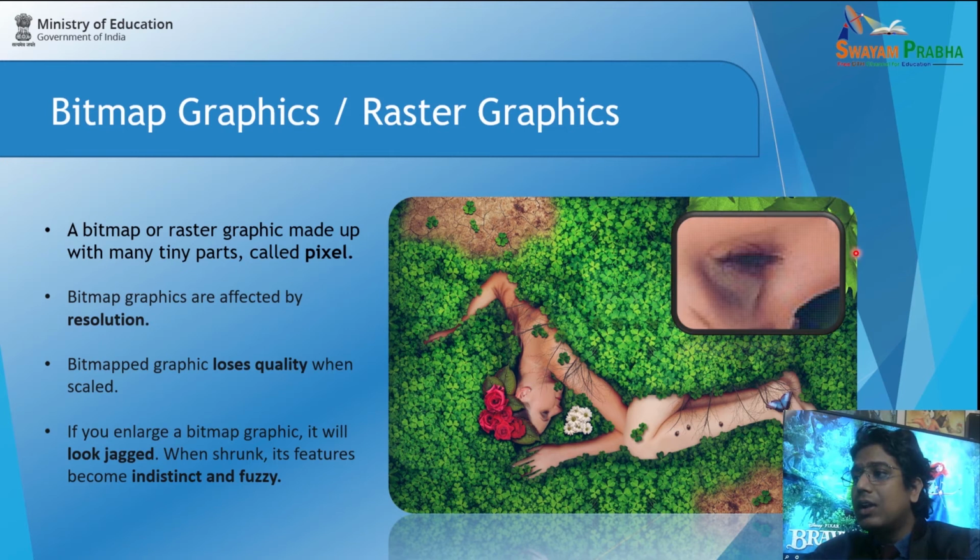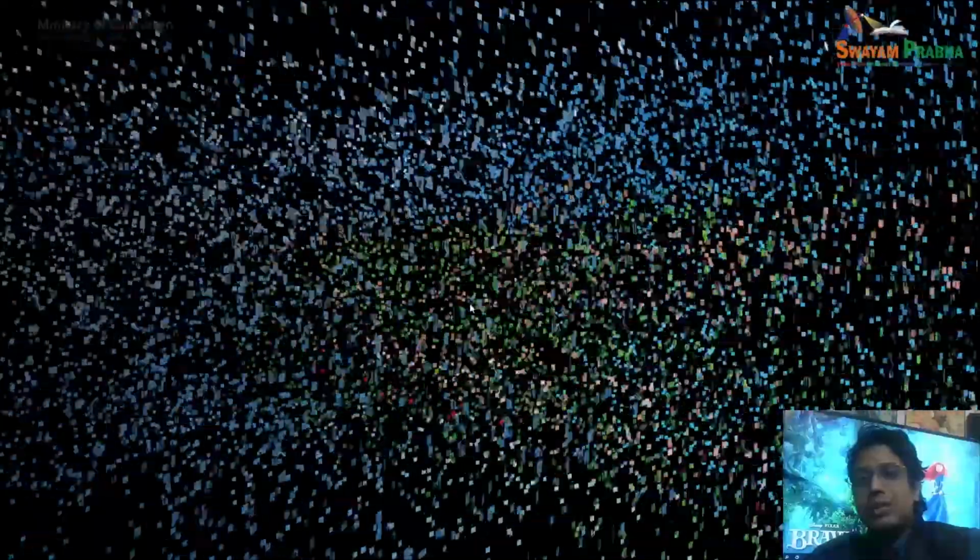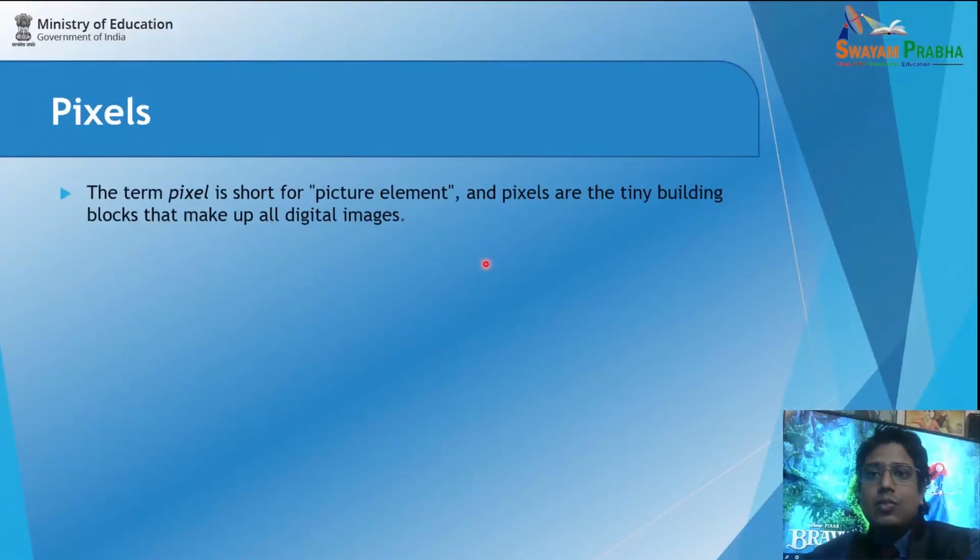Here you can check out a zoomed version of this photograph, this one eye area only. Here you can see small blocks displayed, right? Exactly these blocks are called pixels. So let us know about the pixel in more detail. The term pixel is short for picture element, right?